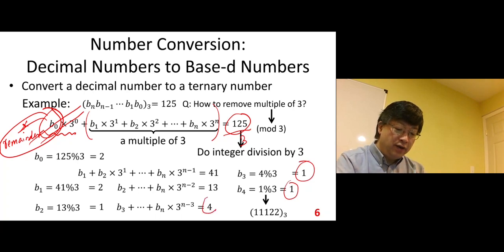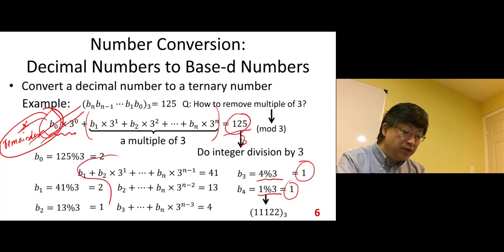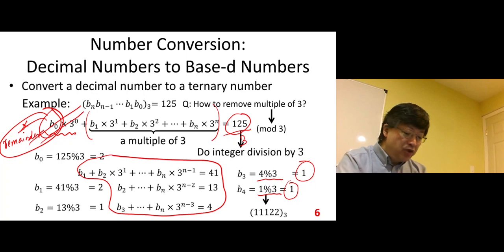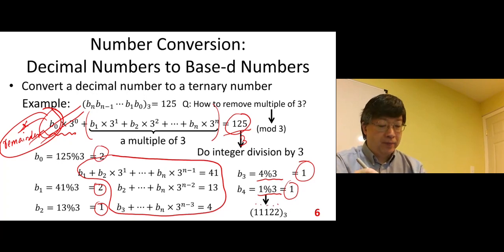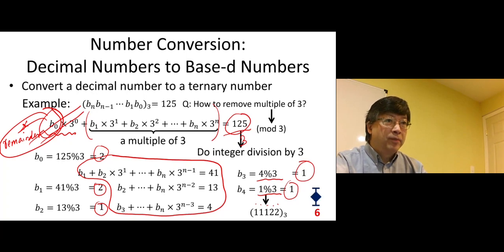We only look at the modular operations, not the integer division parts. So these are the integer division parts, and the modular operation results are 1, 1, 1, 2, 2. So 11122 in base 3. That's the whole procedure.